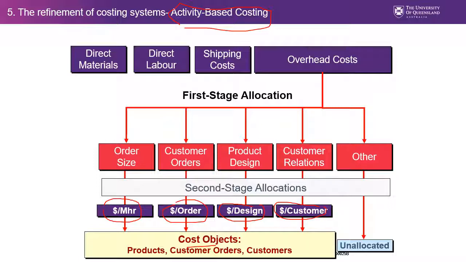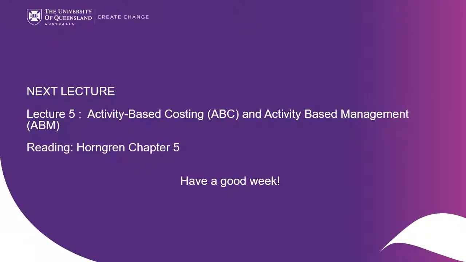That's why it's called activity-based costing. Different activities at different levels of the hierarchy use resources which cost money, so those activities drive the overhead costs, and that's how we allocate costs to our cost objects. So the next lecture we're going to do activity-based costing and activity-based management.